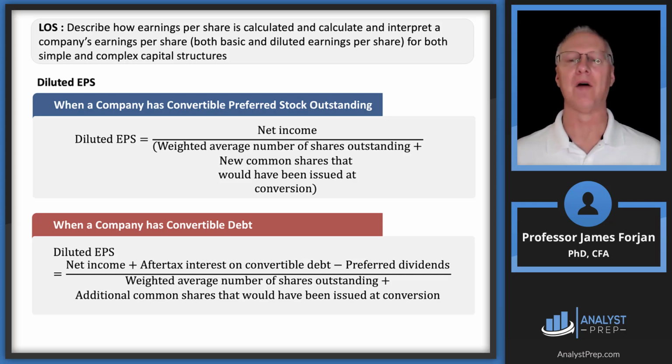So we do have some kind of a tax implication for convertible debt. And then we're going to divide by that same weighted average number of outstanding shares. And there's another plus sign, right? The additional shares that would have been issued if those bonds would be converted to common stock. So just like above, we have in the denominator the actual number of outstanding shares plus the potential increase in outstanding shares.